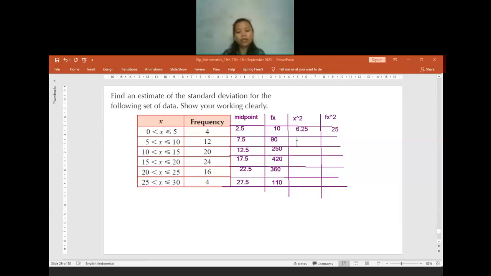And then 6.25, we multiply by 4. The answer will be 25. You want to fill the x square first or directly the fx square? Which one is more comfortable for you, you can pick.